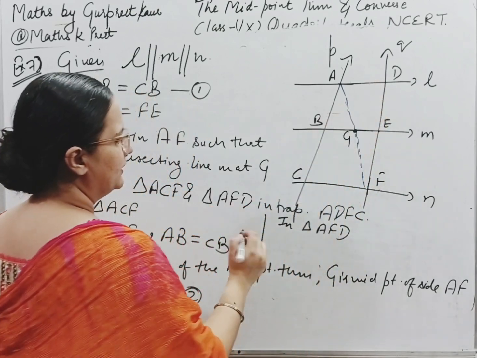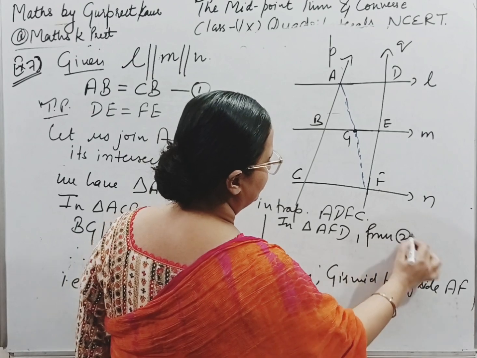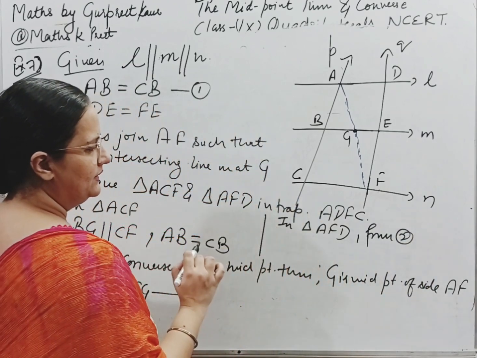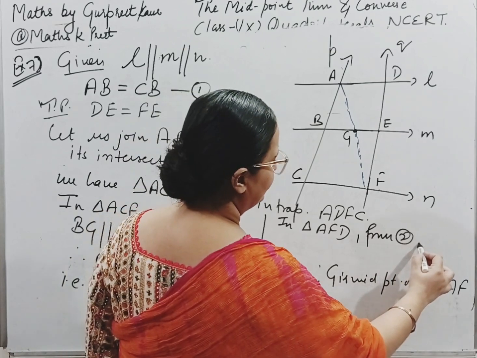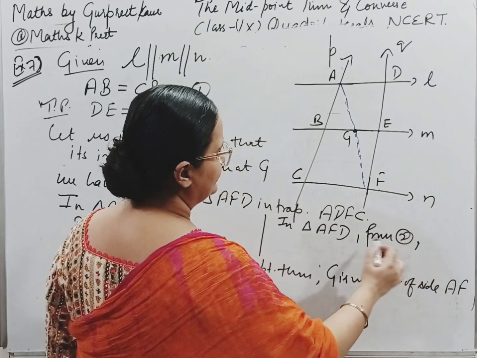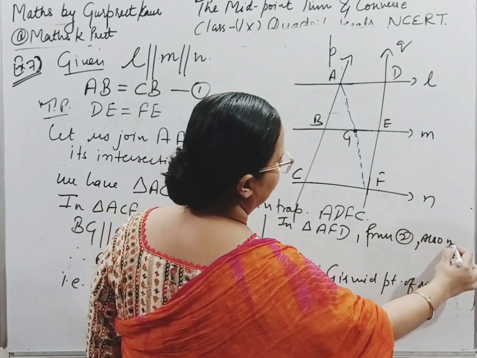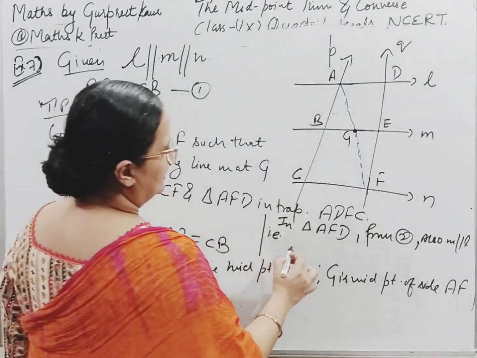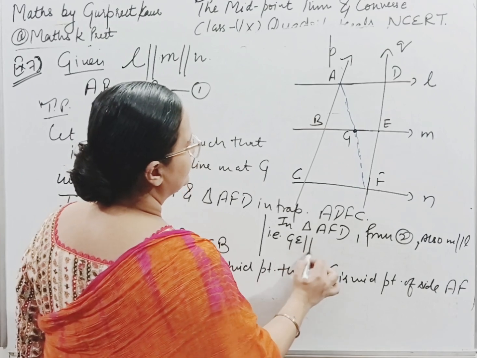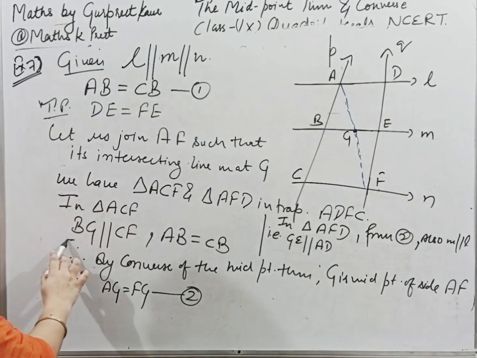In this triangle, what we have? We have just proved from number 2, G is midpoint of AF, and M is parallel to L, that is, GE is parallel to AD. Therefore again you will write the complete reason.